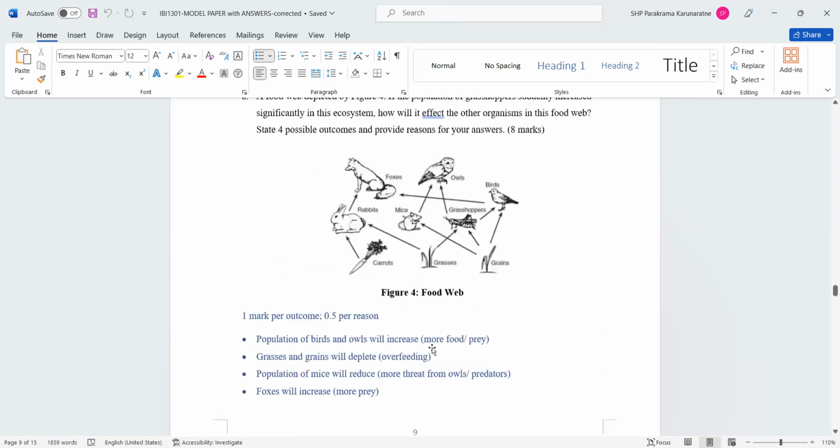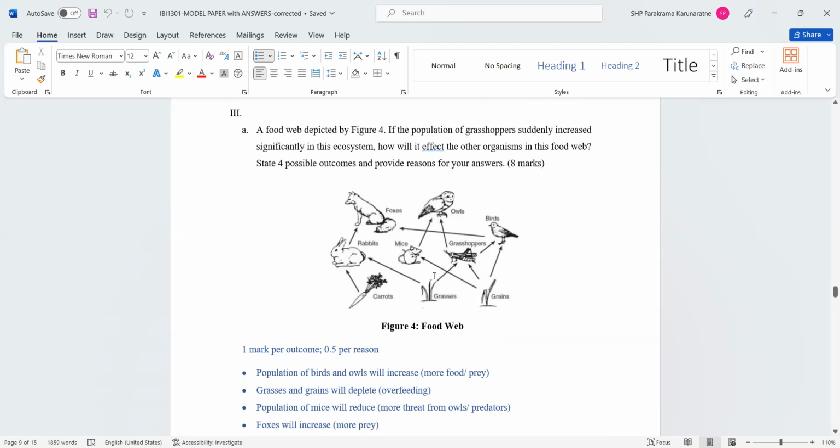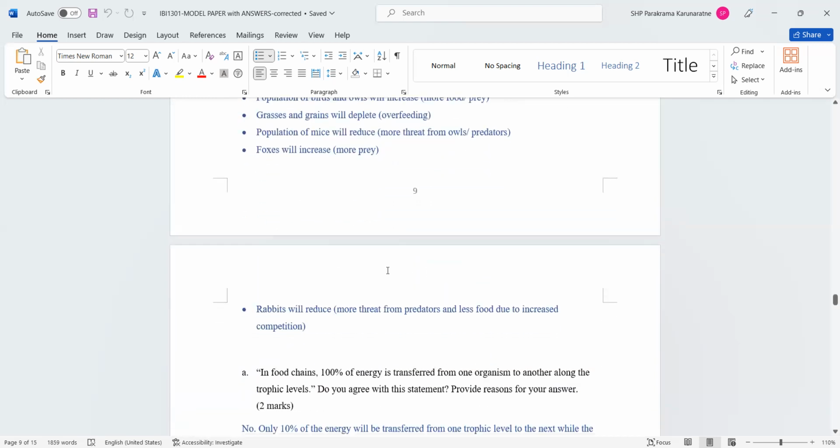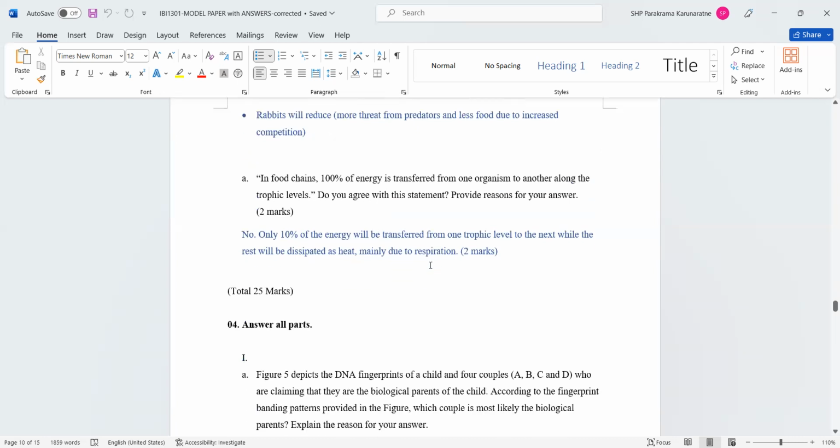Rabbit will reduce because the number of foxes will increase. When the number of foxes increases, they eat birds and they might eat rabbit as well. So the number of rabbits will decrease, right? So you can imagine what happens. Any 4 of these will get full marks for that question.